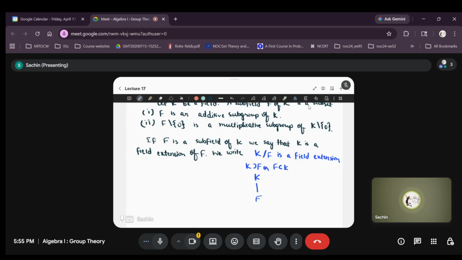So field extension is two fields in which one is a subfield of the other.